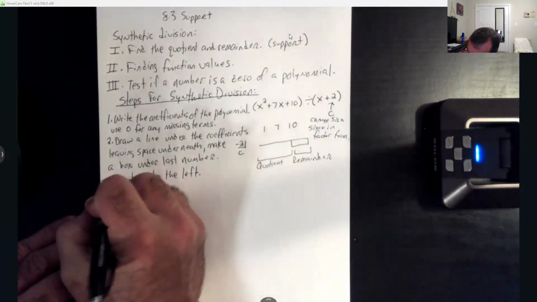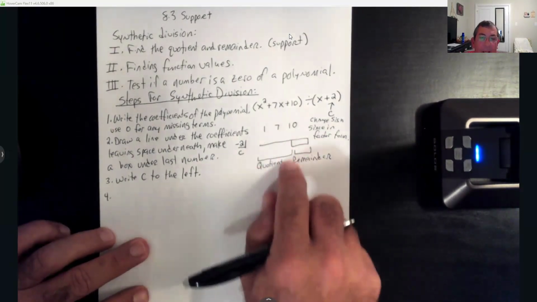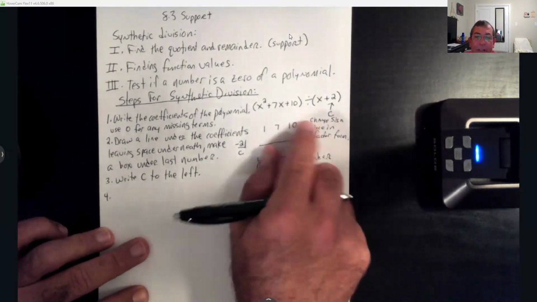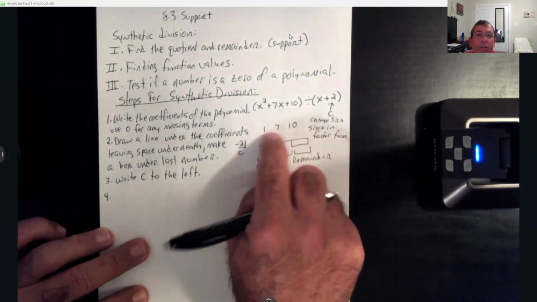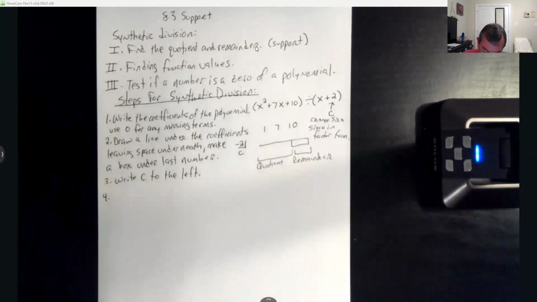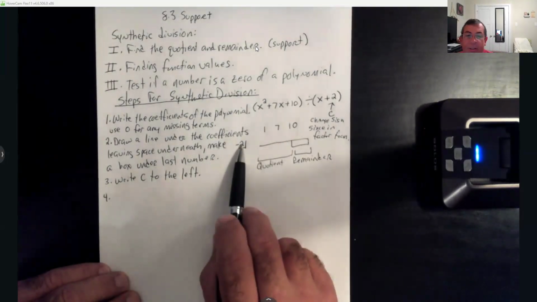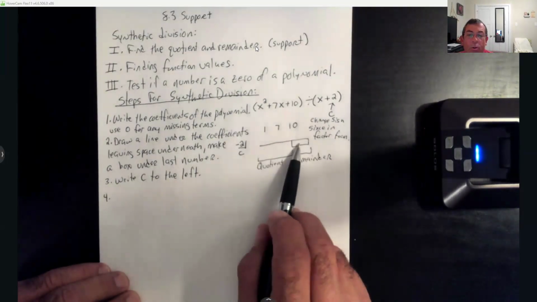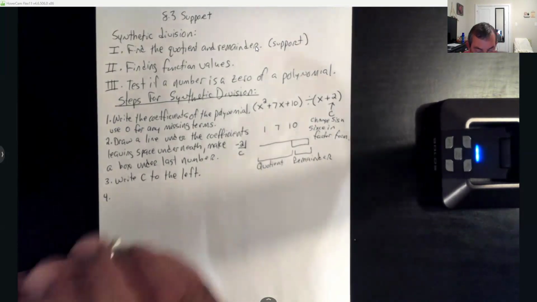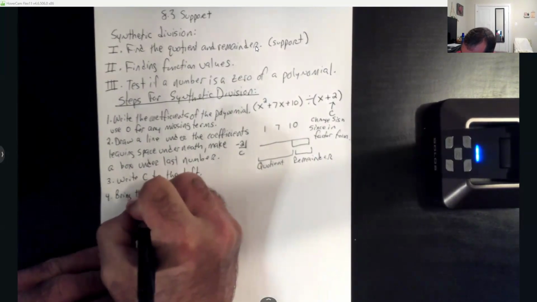All righty. Now we actually start the process of the synthetic division. This is just getting it set up. You got your numbers, you got your C, and then this will be our quotient and remainder. So y'all, here's what you do.